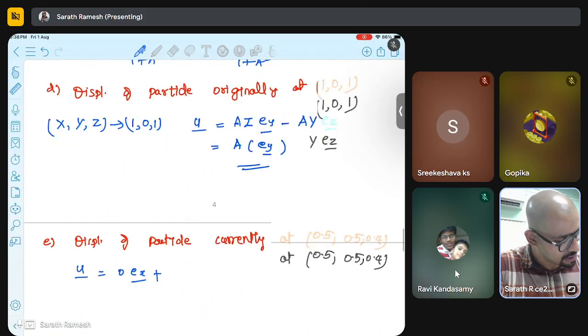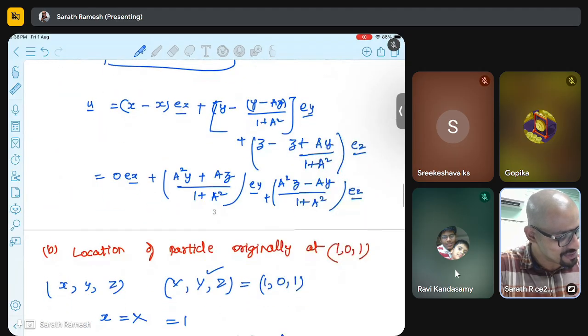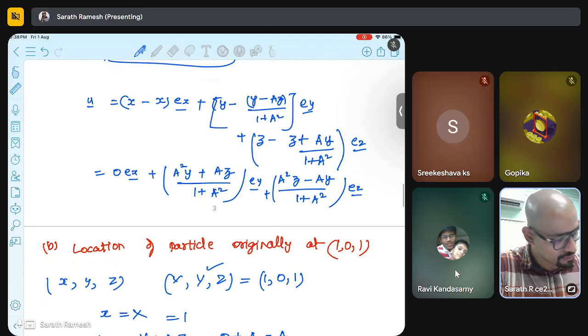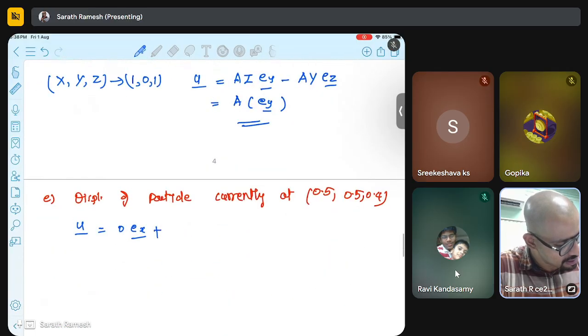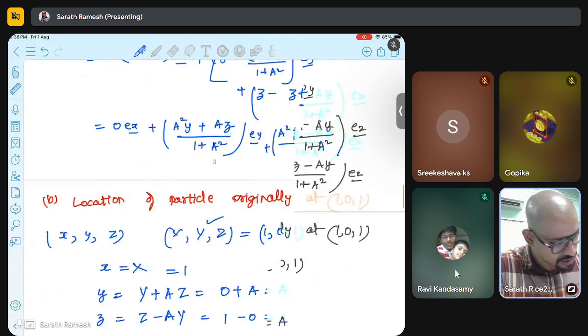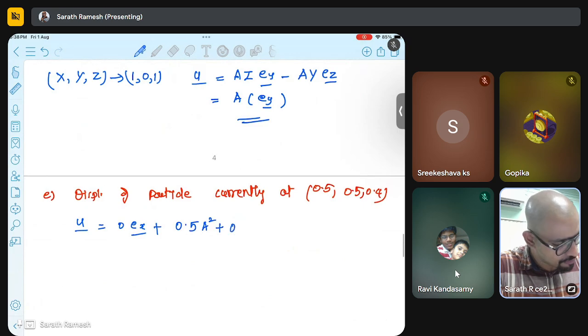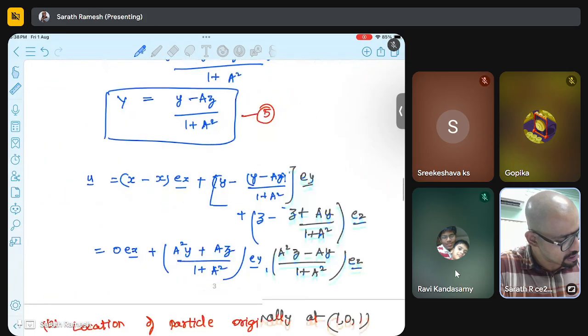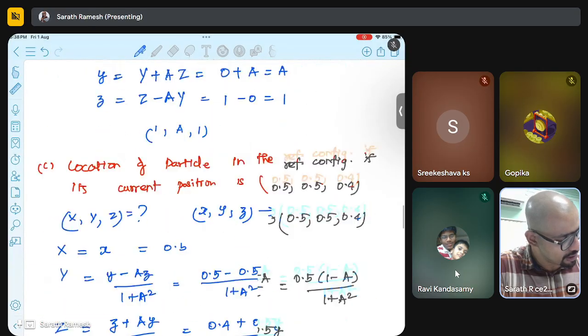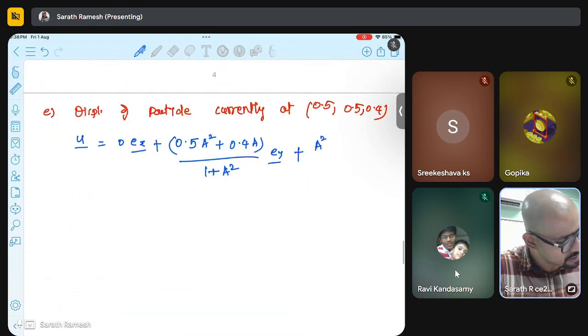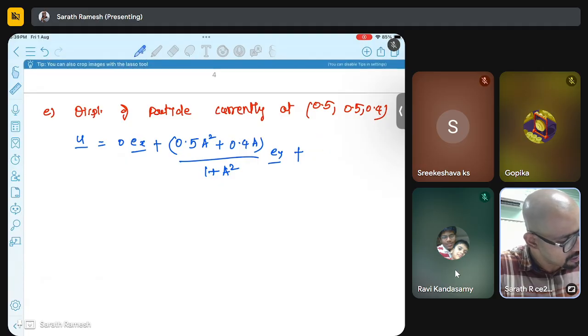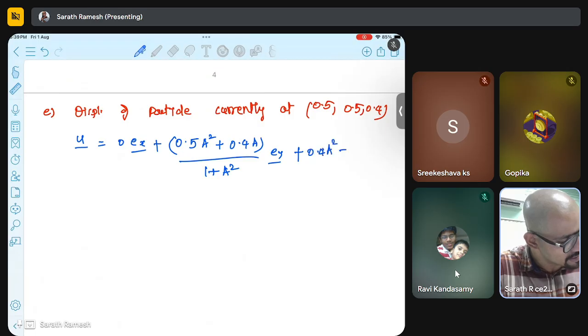So let's do it. ux is 0.5 a square plus 0.4 a divided by 1 plus a square, ey plus, what is the ez component? a square z minus ay, that is 0.4 a square minus 0.5 a by 1 plus a square, right?